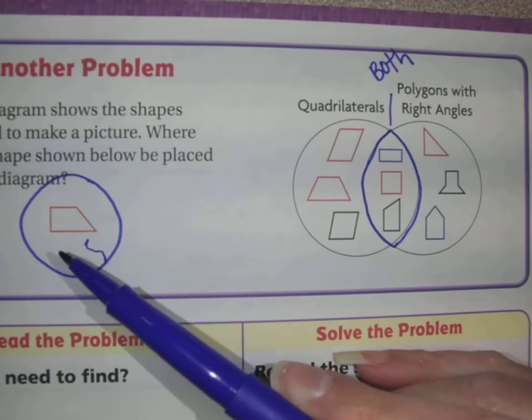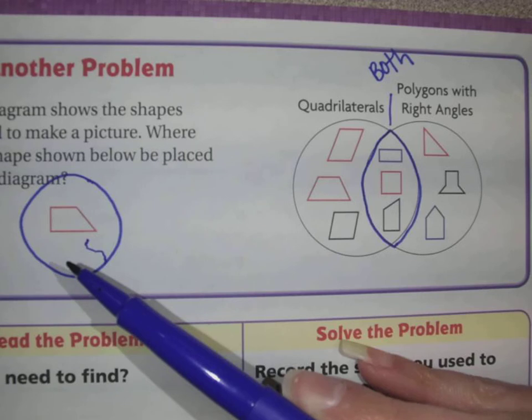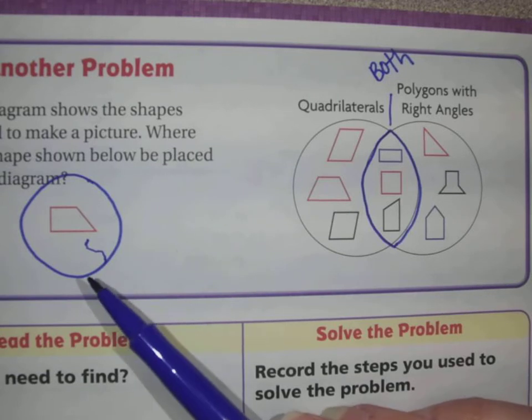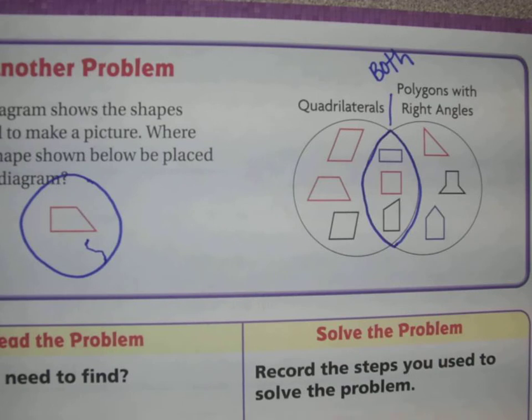Does this polygon have 4 sides and 4 angles? 100%, yes, okay? Let's also ask ourselves what is true about all polygons. They are closed shapes made of line segments. Yes, this is a polygon. We've already established that. Well, how can we describe the shapes in the section where the circles overlap? Here.